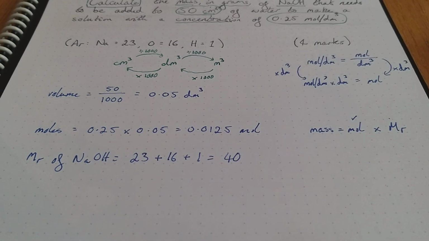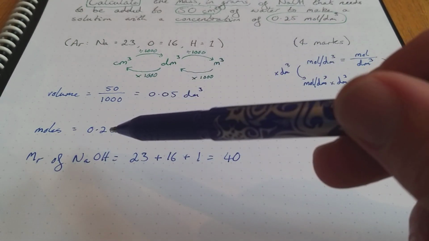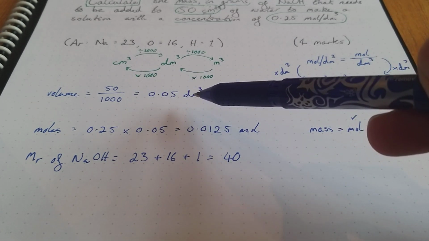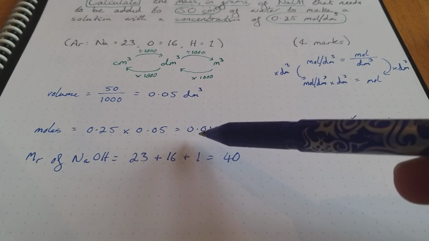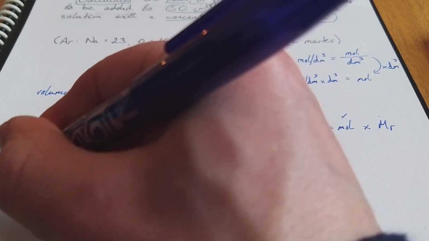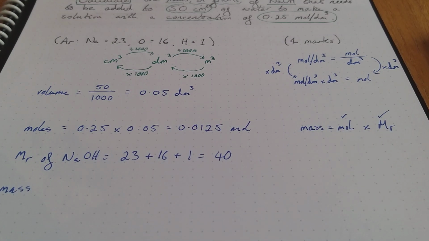So in order to make a solution with the concentration of 0.25 and a volume of 50 centimeters cubed, we need to add in 0.0125 moles of sodium hydroxide. So the mass of sodium hydroxide, we go back to our second equation here because we now know the moles and the relative formula mass.